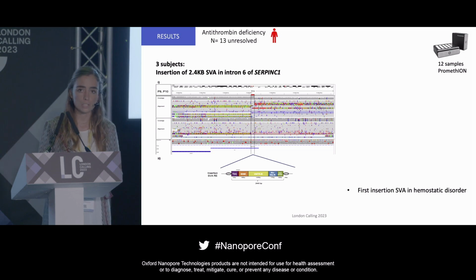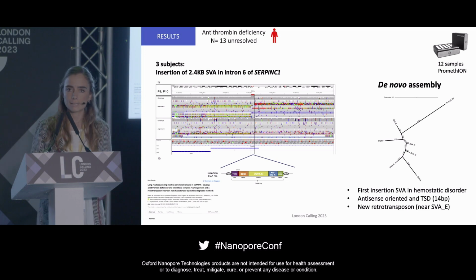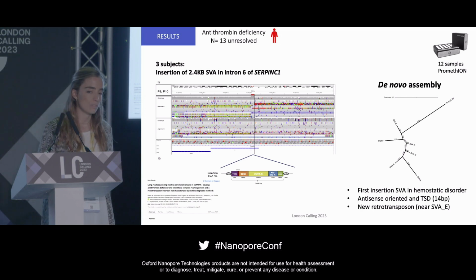This is the first insertion of an SVA element in a hemostatic disorder. As we have the exact sequence, we could perform a de novo assembly and characterize that it was antisense-oriented with a tandem site duplication, and we described that it was a new SVA element close to the SVA-E in the phylogenetic tree.